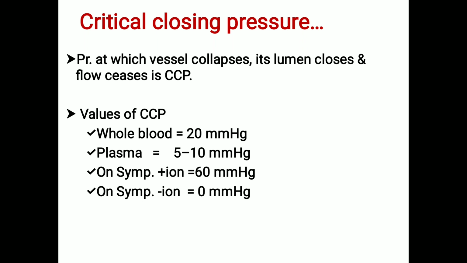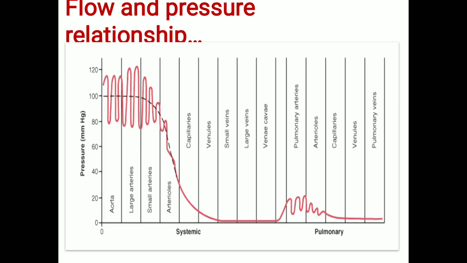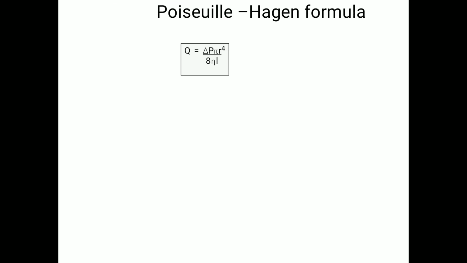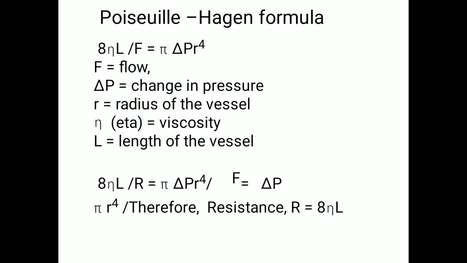With this, we had looked into the most important law, the pressure volume relations of the Poiseuille-Huygens formula, which is very, very important from the exam point of view, I told.